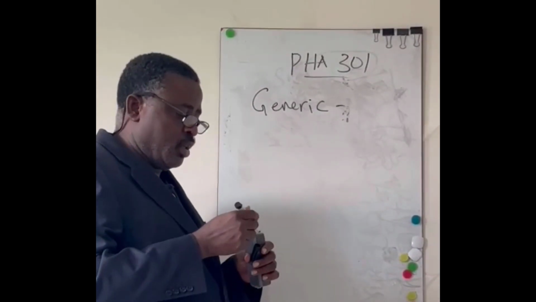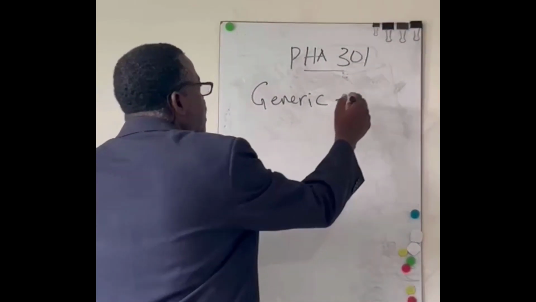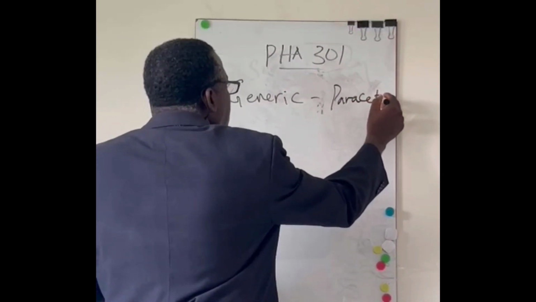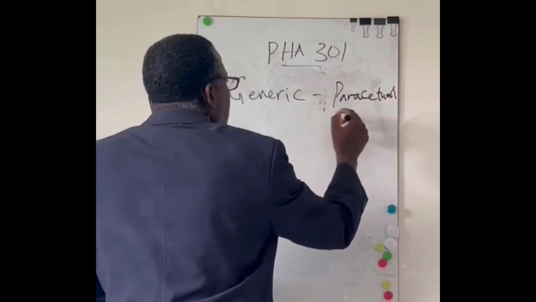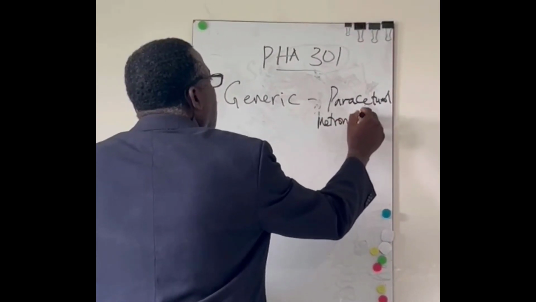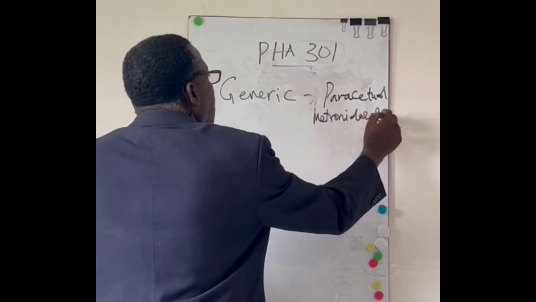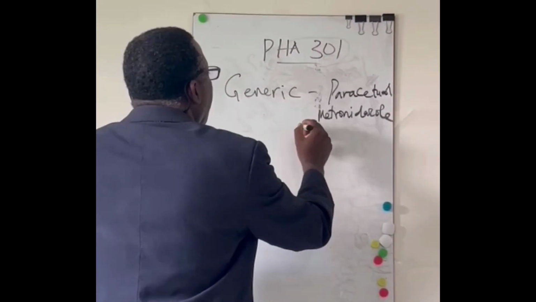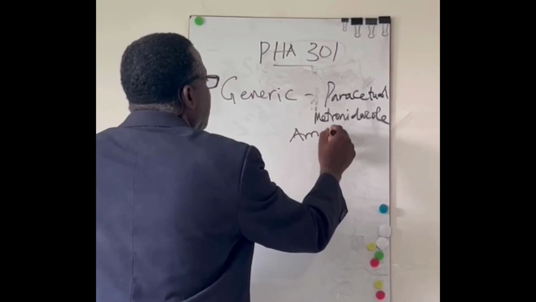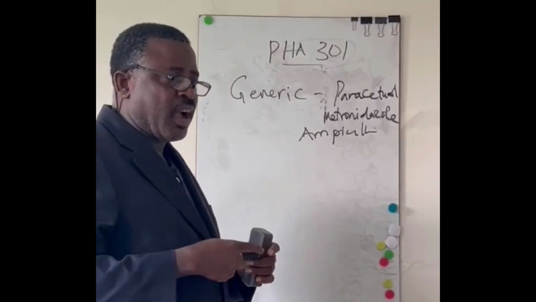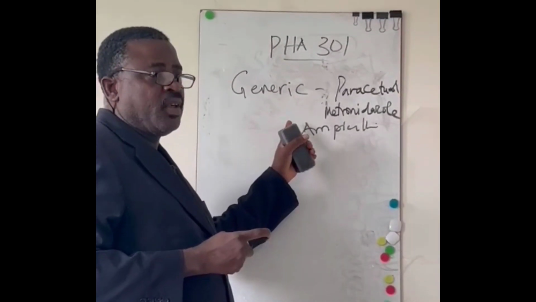That is why you see something like paracetamol is generic. Metronidazole is generic. Then something like ampicillin is generic. So all these are chemical components of the drug.